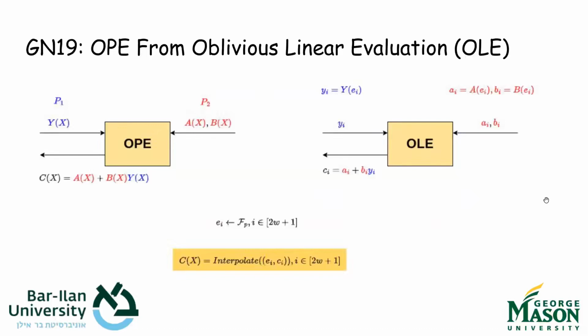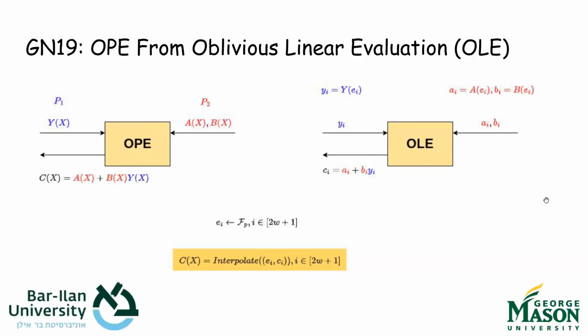The GN19 major contribution is to have a very efficient instantiation of OPE by OLE. Consider the OPE computation where P1 provides Y, P2 provides A and B, and P1 will obtain C equal to A plus BY. First, both parties will agree on a set of 2W plus 1 random points, E_i, where W is the degree of B and Y, and A has a degree of 2W.